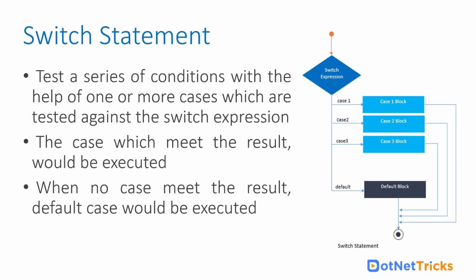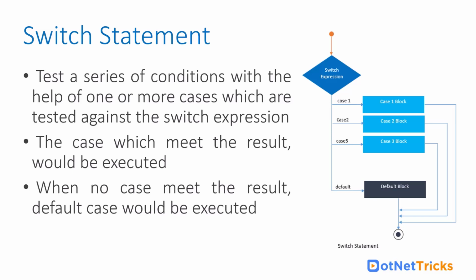If the evaluated result matches case 1, then the case 1 block would be executed. If it matches case 2, then the case 2 block would be executed, and so on. If there is no matching case, then the default case block would be executed.